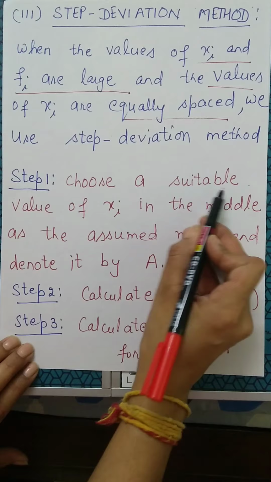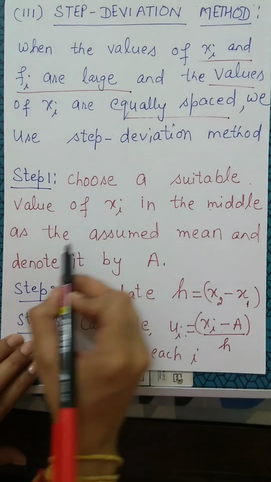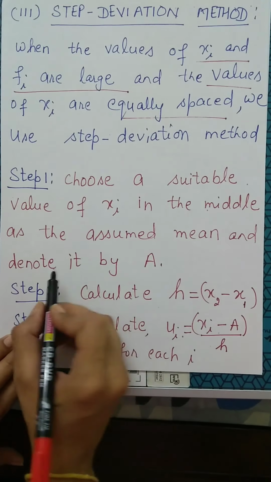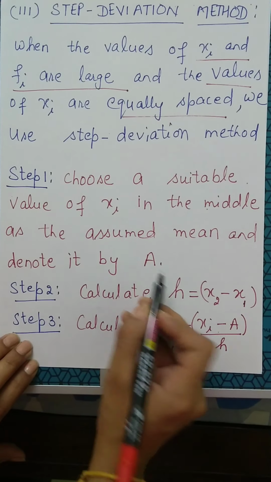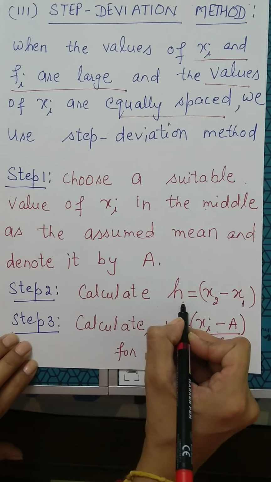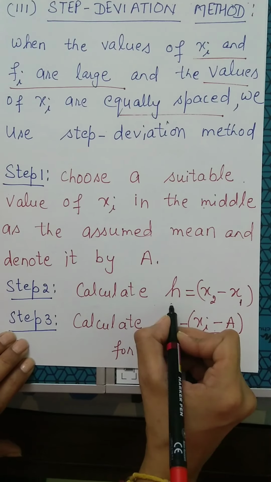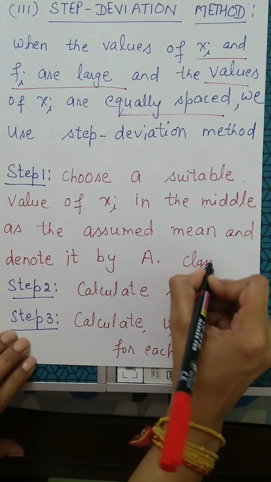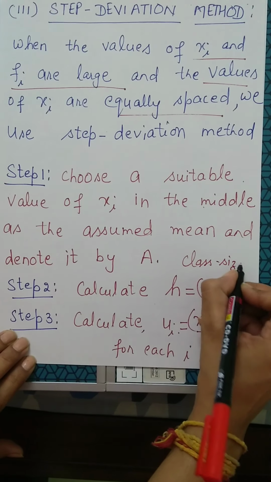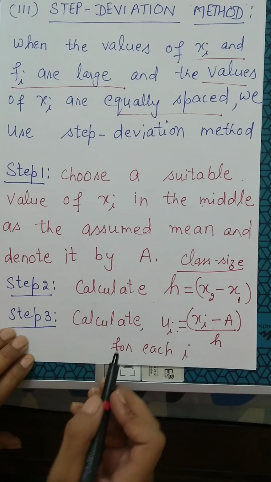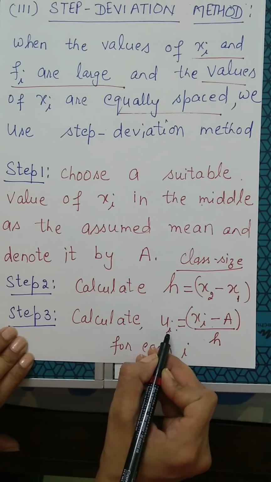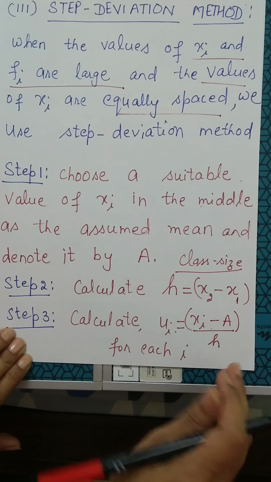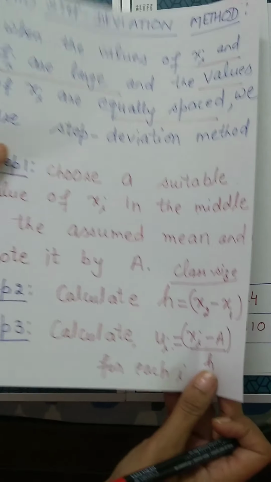First step, choose a suitable value of xi in the middle as the assumed mean and denote it by A. Second step, we need to calculate h, that is x2 minus x1. h is the class size here. So class size means upper limit minus lower limit. Then I need to calculate ui, which is equal to xi minus A upon h for each i.